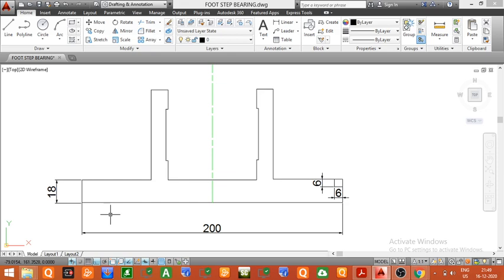We will draw the squares at all the required corners, and the side of the square will be of length 6 mm. So now we are drawing squares of side 6 mm.